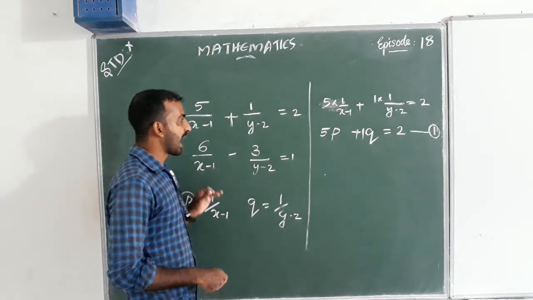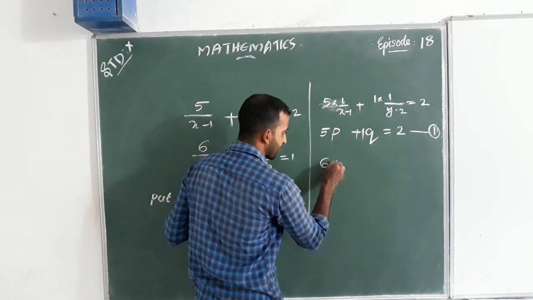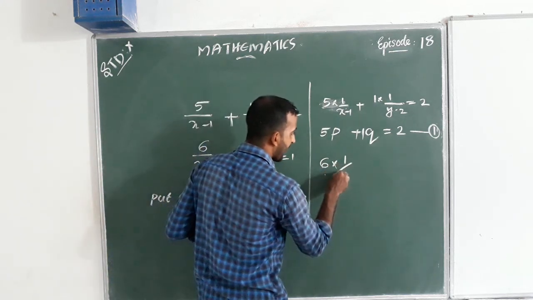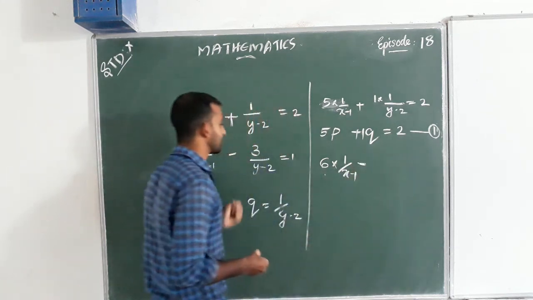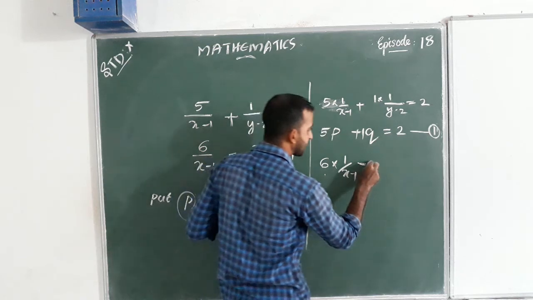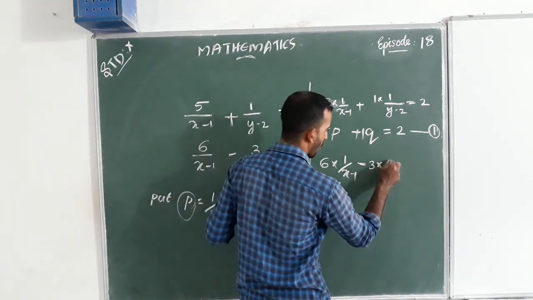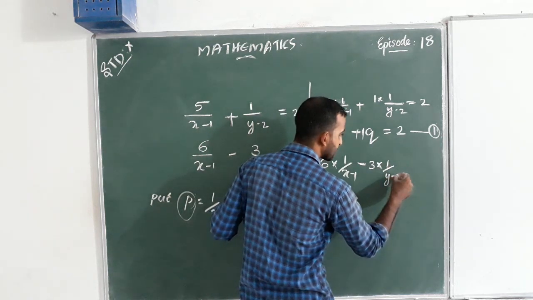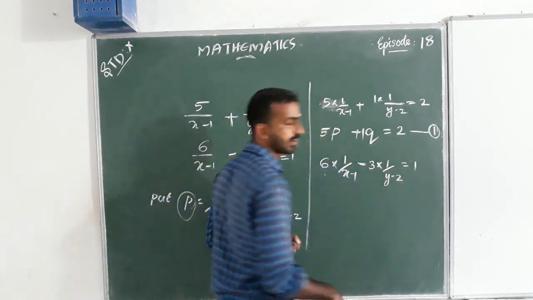Now our second equation: 6 into 1 by x minus 1 minus 3 into 1 by y minus 2 equal to 1.